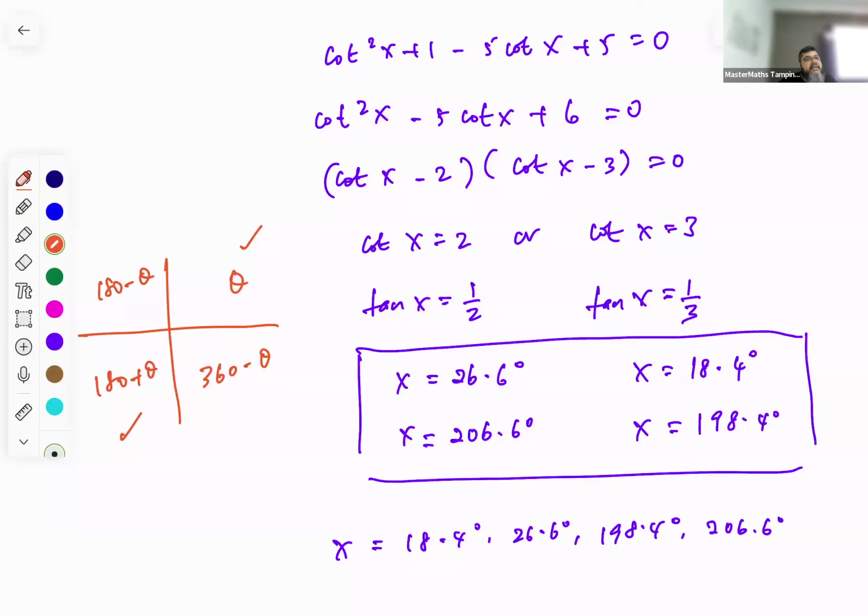You did 180 plus 26.6, you get 206.6. So you must give me all the four answers. If you don't, you lose marks. You don't get the total 4 marks. Understood? Hema?